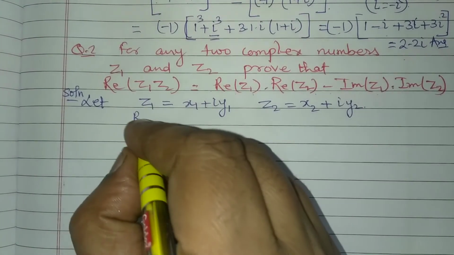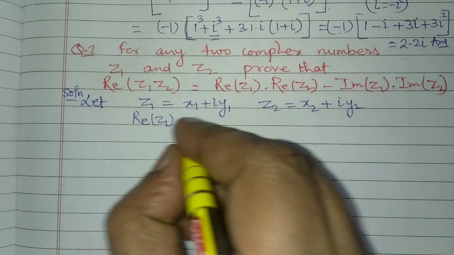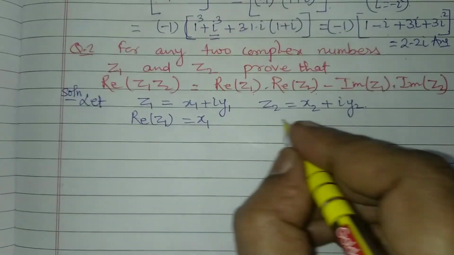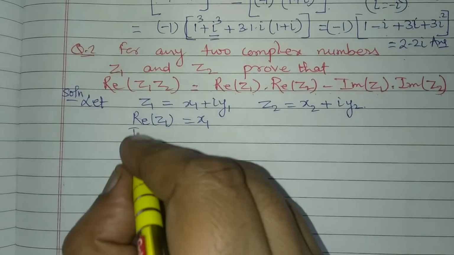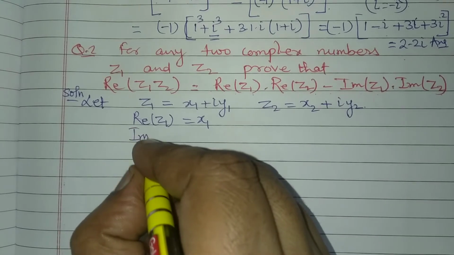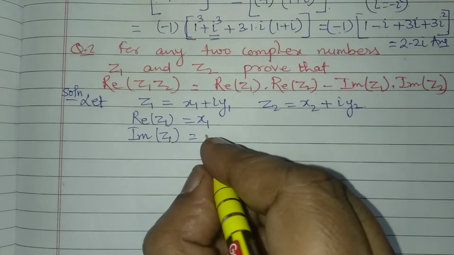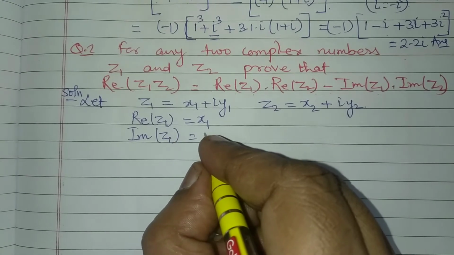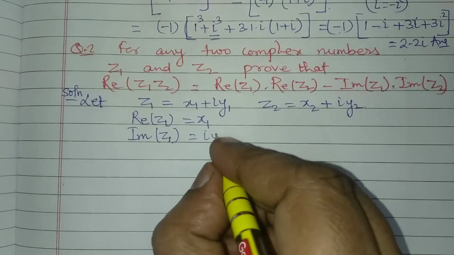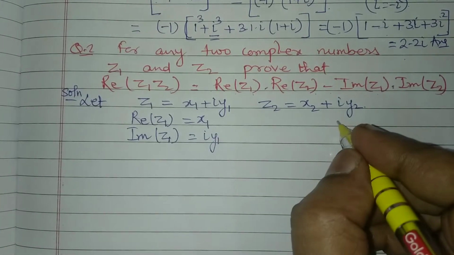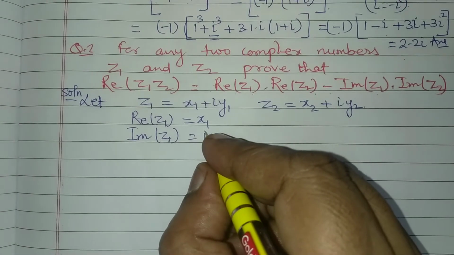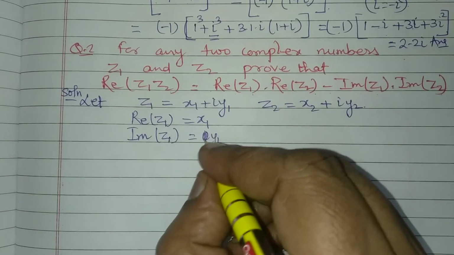As you know that the real part of z1 is equal to x1 over here, and imaginary part of z1 is equal to y1, or iy1 we can write also, and or simply I am writing.